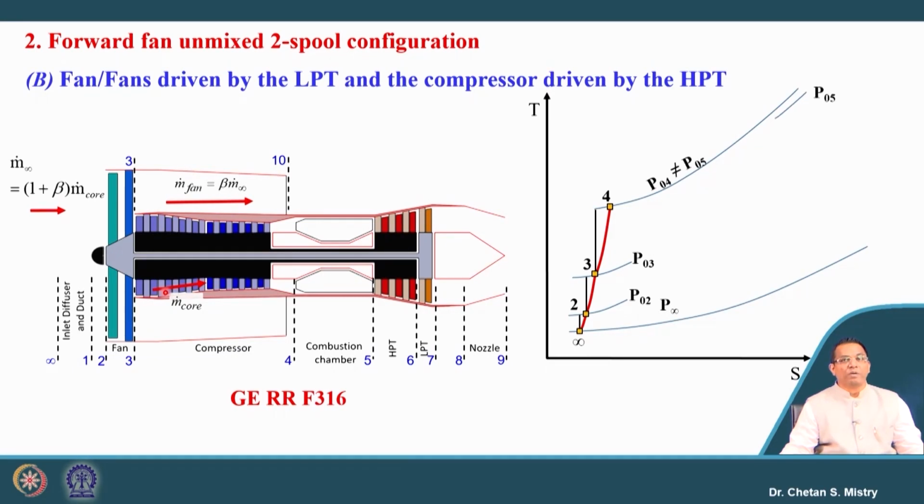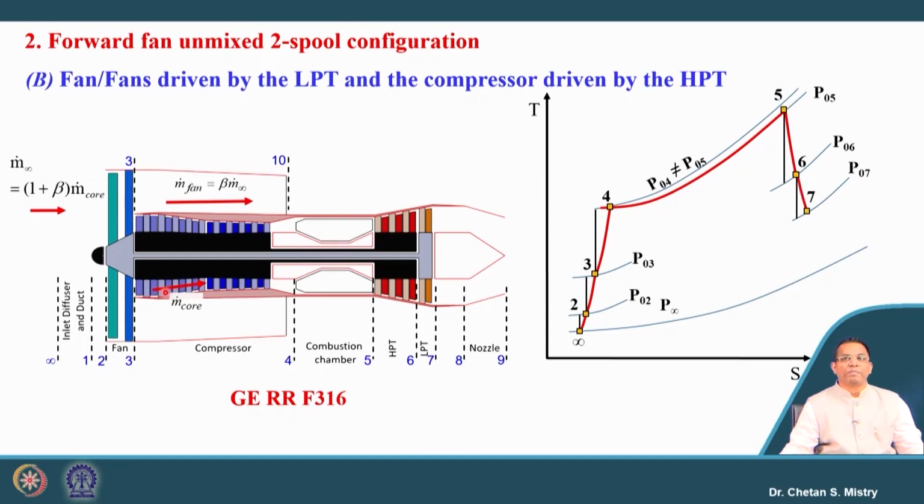We have our combustion chamber, which will raise the temperature to T05 with some drop of pressure from P04 to P05. We have our HP turbine, and that expansion process is represented by process 5 to 6. The next component is our LP turbine.